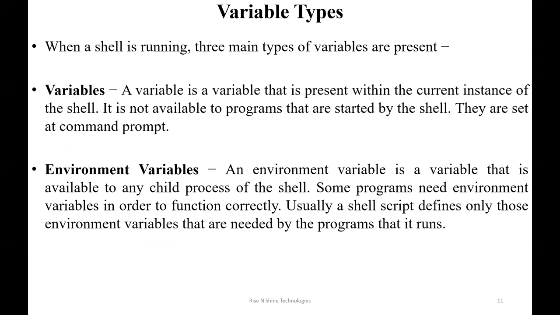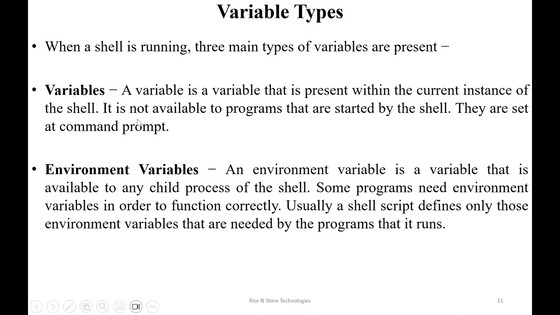The advantage of environment variables is that I can use the variable in multiple shell scripts. Suppose once that variable is defined at shell level, and I have two scripts, script 1 and script 2, and in both I need to use the same variable. Then I can define that environment variable.